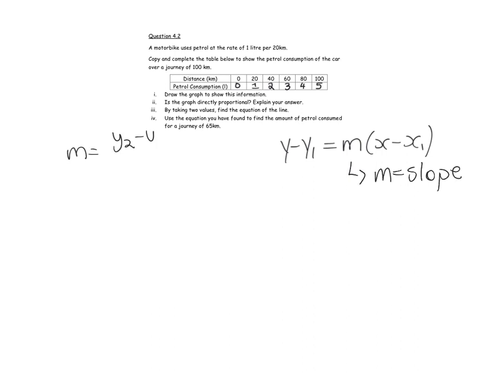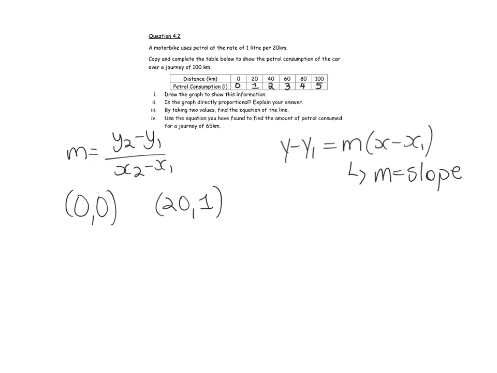So to find the equation of the line then, we need the formula. y minus y1 is equal to m(x minus x1), where m is the slope. So here we know the slope is y2 minus y1 over x2 minus x1, all from your formula and tables booklet. We can take 2 points, we'll take 0, 0, and we'll also take 20, 1.